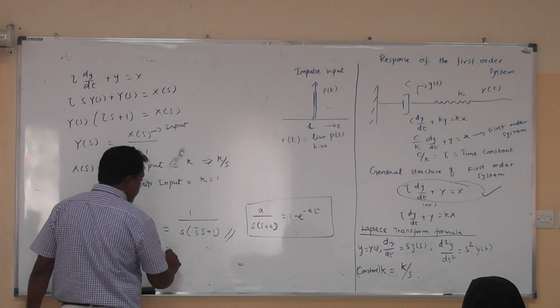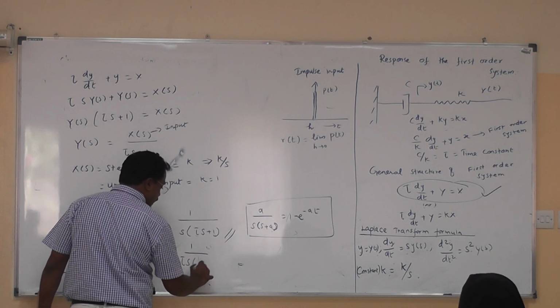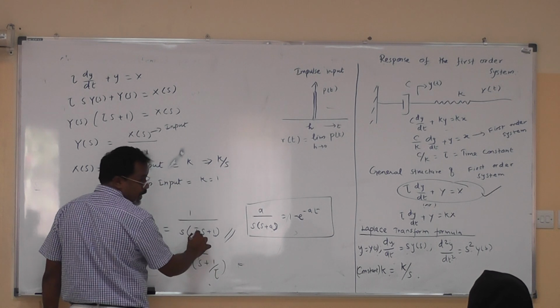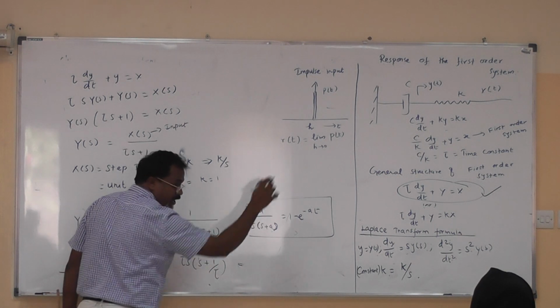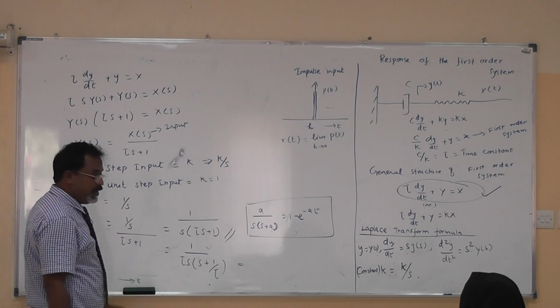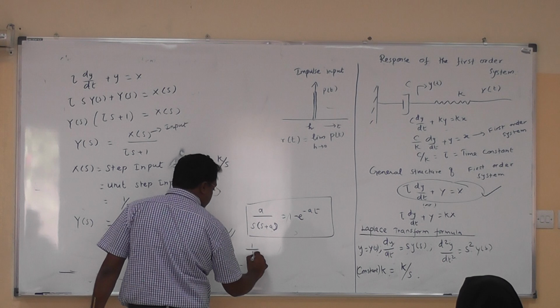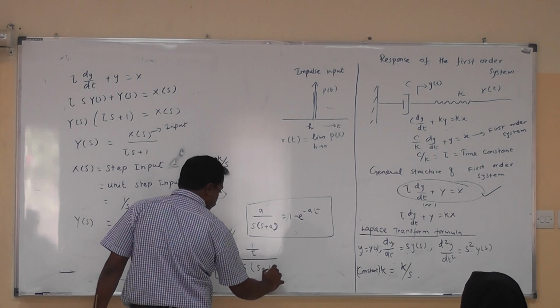If you take one constant from this term, you have to divide the whole equation by that term. So I have divided by tau, and I write this in a different way: 1 by tau divided by s into s plus 1 by tau.